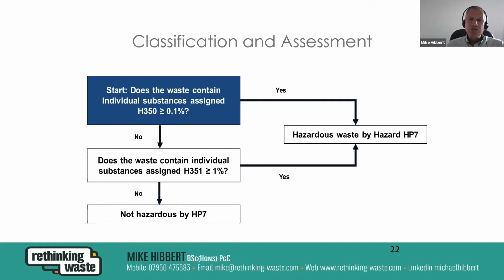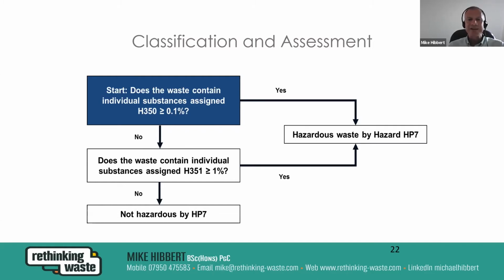It's important to look at the decision trees. There is a summary earlier in the table within WM3 where it cross-references what the hazard statements are against the hazardous properties and then gives a threshold. So you'll get an indication at that point that it's worth working through the decision trees, because some of them, particularly ecotoxicity, are cumulative.